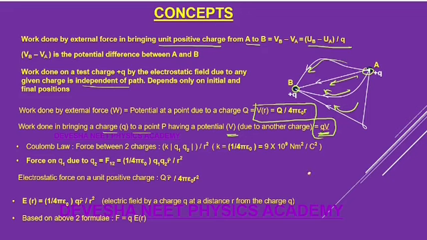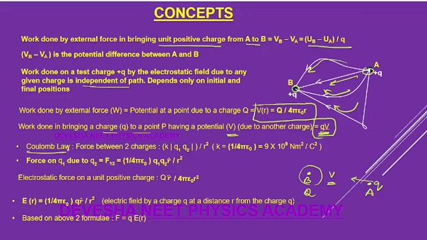For example, if this is B and this is A, and you bring a charge Q to this place, the work done is Q into the potential due to the other charge here, which we imagine is V. Because this is being brought in an electric field, the work done in bringing the charge to a point P is Q into V.